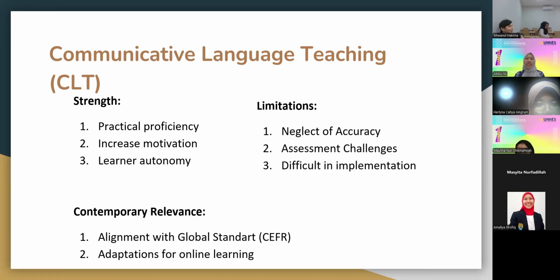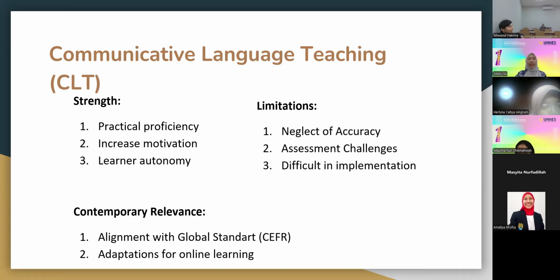And the last one is difficulty in implementation. It needs the creativity of the teacher as facilitator in the scaffolding process, and the students also need to increase their ability because, like what I said, the assessment challenges mean it cannot be measured as easily as text-based work.